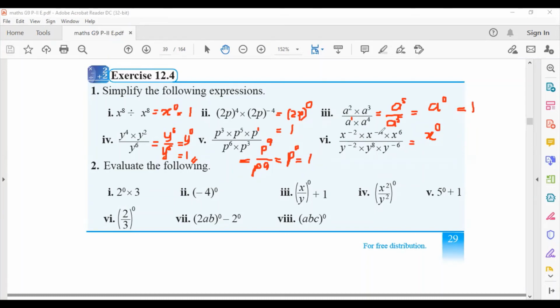Here, -2 and +8 is +6. +6 addition -6 is again 0. Then it is y to the power 0. Both are y to the power 0. X to the power 0 is 1. Y to the power 0 is 1. 1 upon 1, the answer is 1.